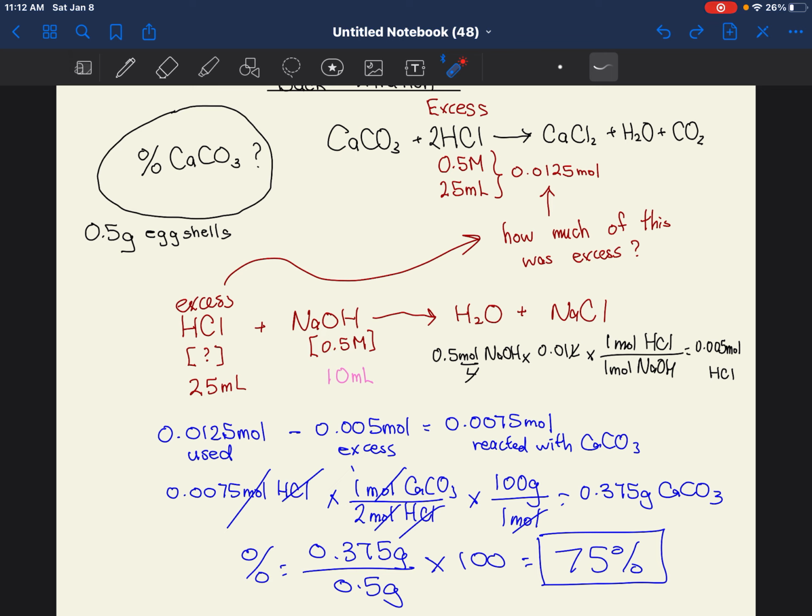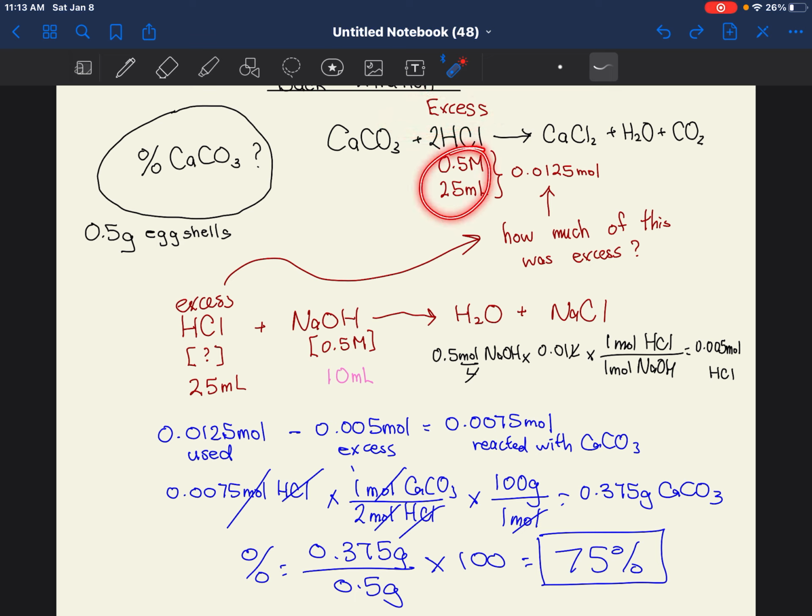So I reacted it with an excess amount of hydrochloric acid. And again, if you want this experiment to be done successfully, you better make sure that the acid is in excess and not limited. So I made it a high concentration, like 0.5, and used lots of it, just to make sure that it is in excess.